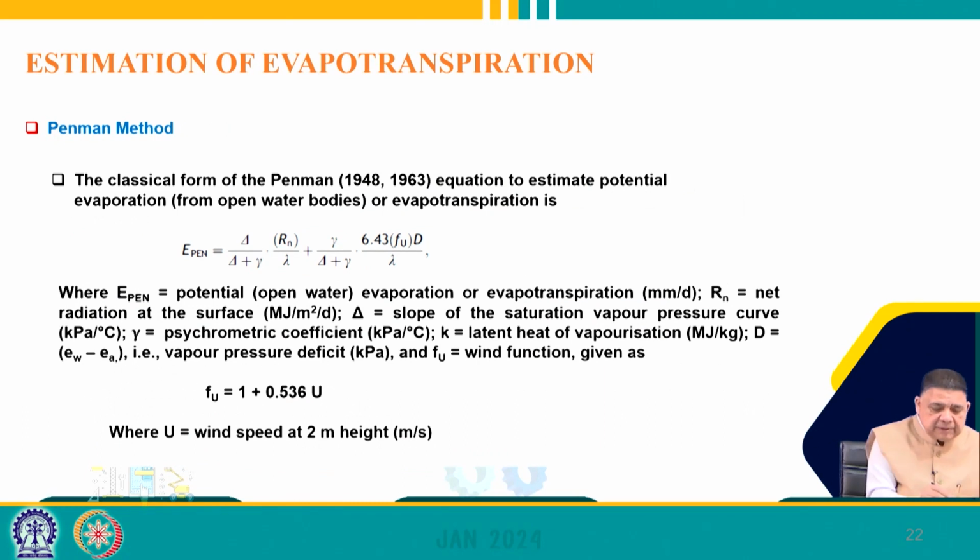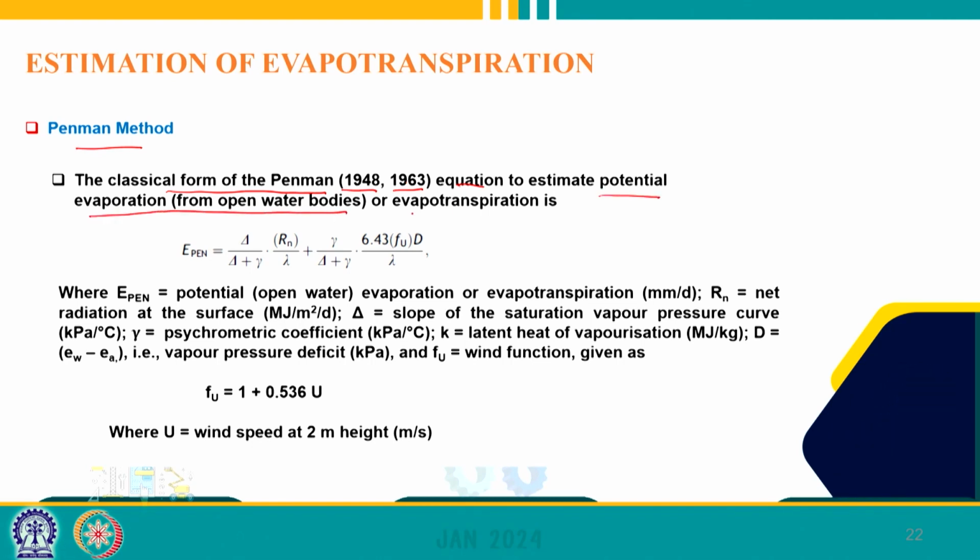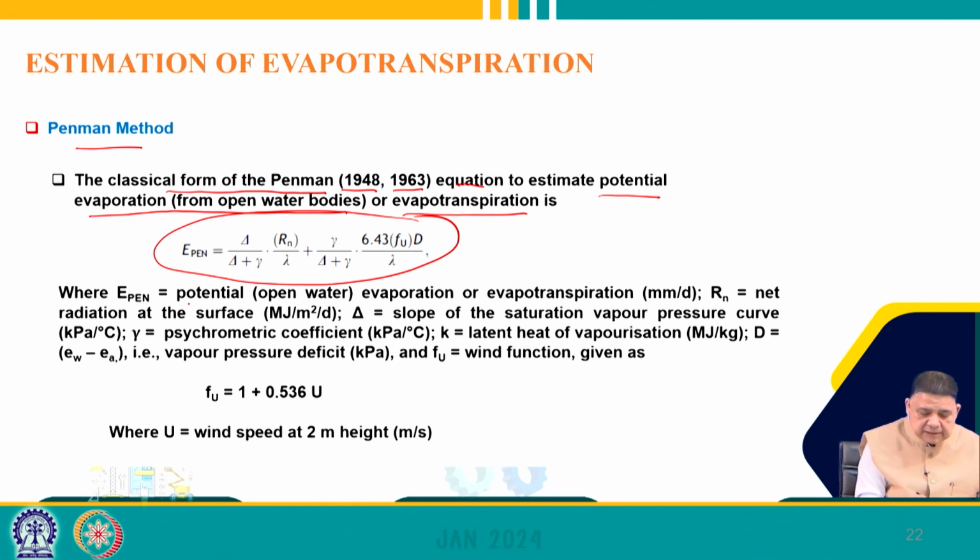Now, we come to the Penman method, which is the classical form of the Penman equation, which was first given in 1948 and then modified in 1963 to estimate potential evaporation from open water bodies or evapotranspiration, given by this relationship. As you can see, Pen is potential evaporation or evapotranspiration in millimeter per day, Rn is the net radiation at the surface in megajoules per square meter per day.